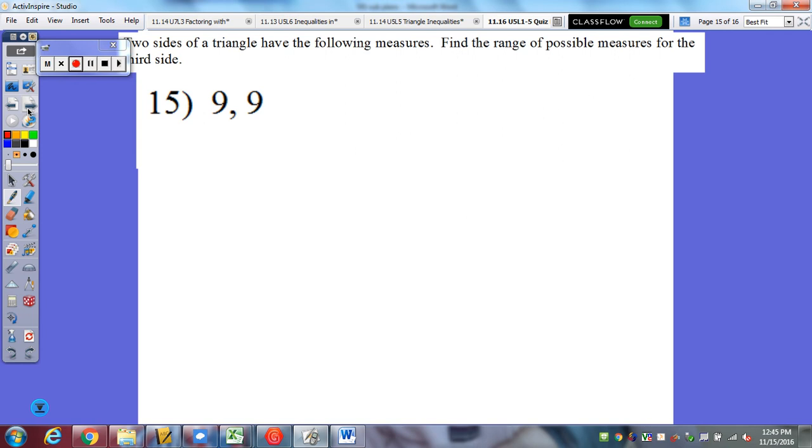What is the range of the possible measures for the third side? So we'll call x the third side. And so we have 9 plus 9 is greater than x. 9 plus x is greater than 9. And then x plus 9 is greater than 9.